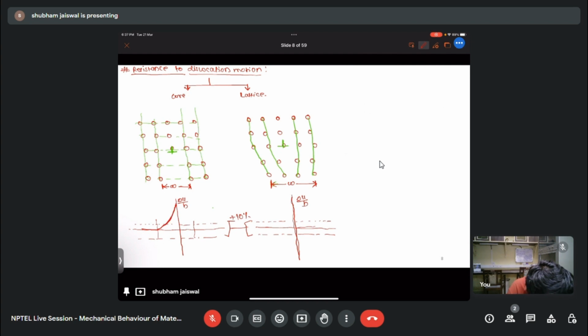It will have a curve like this, which is tending towards infinity. And here, this is the width of the core, or the size of the core.